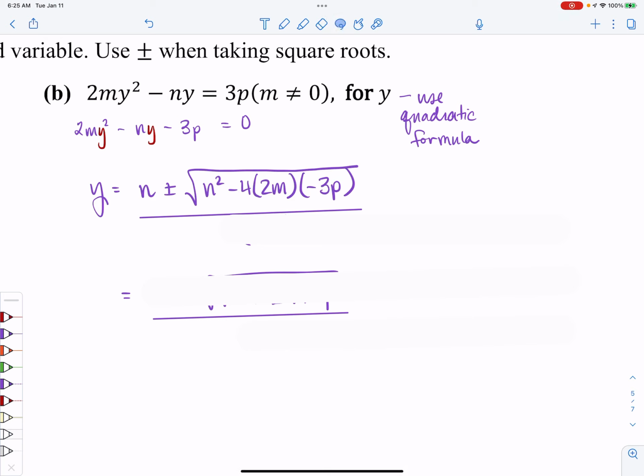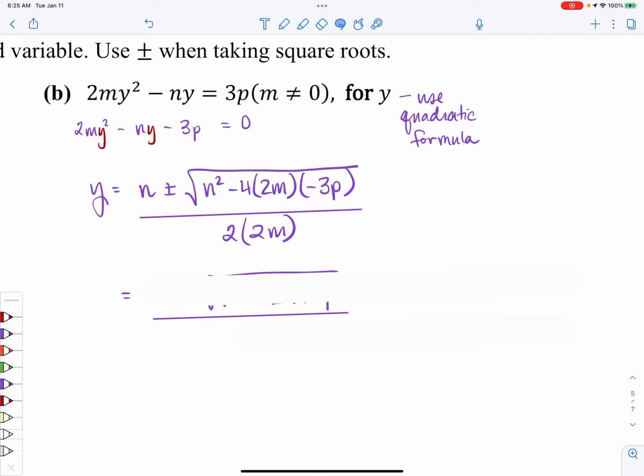So here we go. We've got y equals, normally we say x equals, but y is my variable. Y equals negative b plus or minus the square root of b squared minus 4ac all over 2a. There's my a. So we'll clean that up as much as I can.